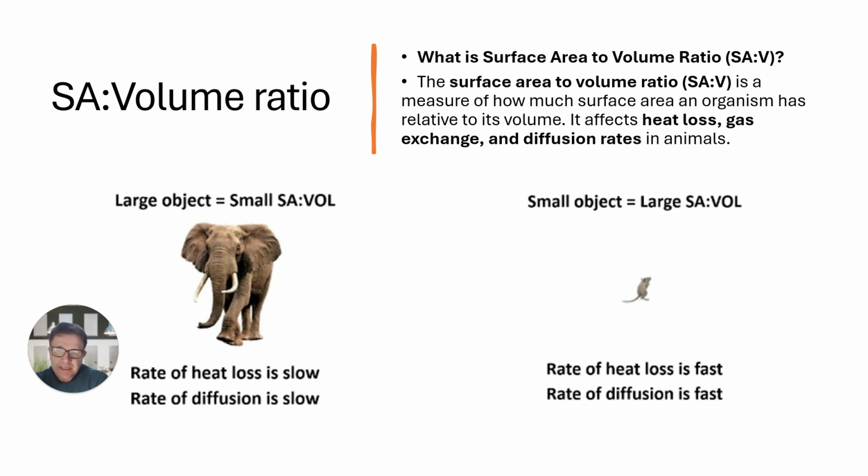Even though the elephant has a massive volume, it has a small surface area compared to the size of that volume. It does have big ears, which help it lose heat, but the rate of diffusion is relatively slow. Particularly if you compare it to a mouse, which has a much larger surface area to its volume, so it loses a lot of heat and the rate of diffusion is fast.